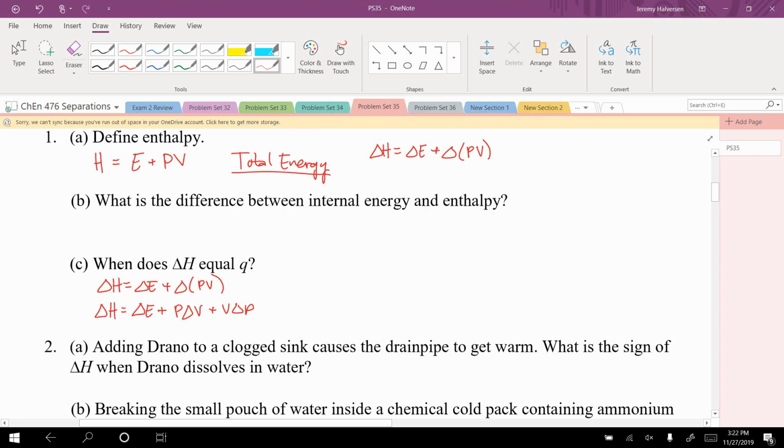All right, so what we're going to assume next is that pressure is constant. If pressure is constant, that V delta P is 0, because delta P, the change in pressure, is 0.